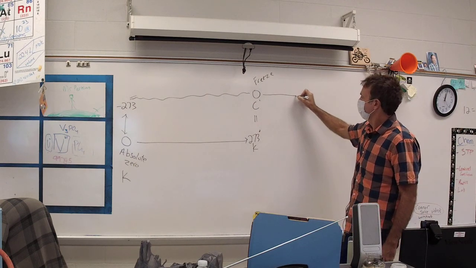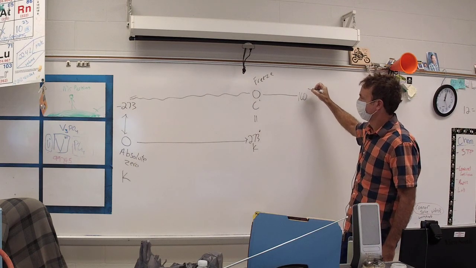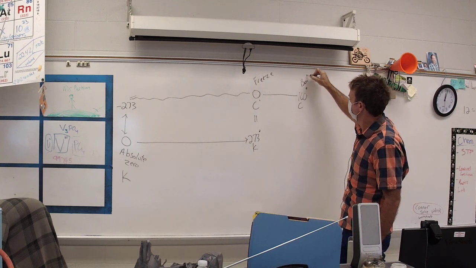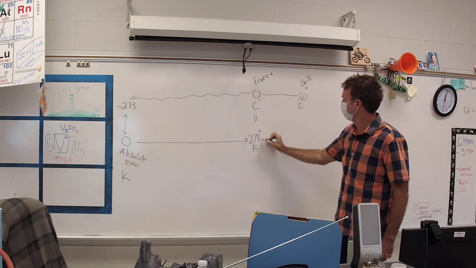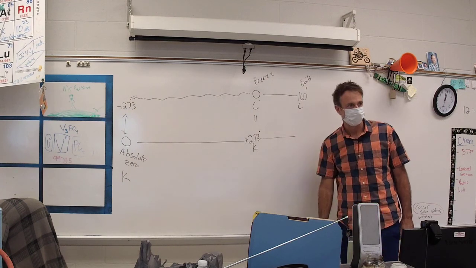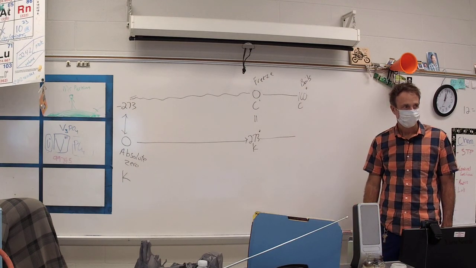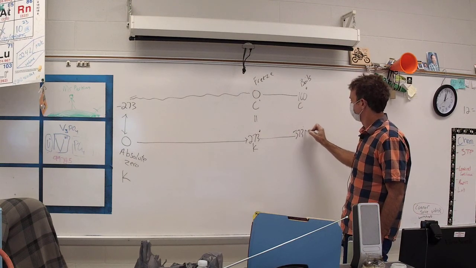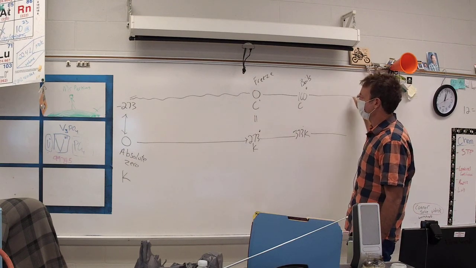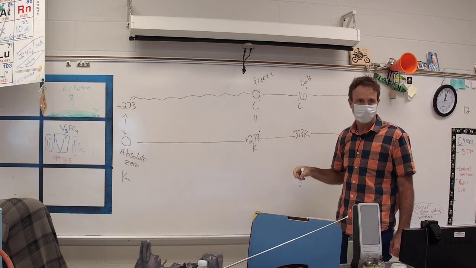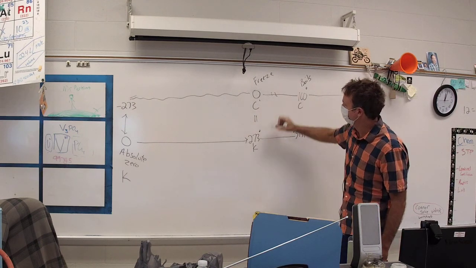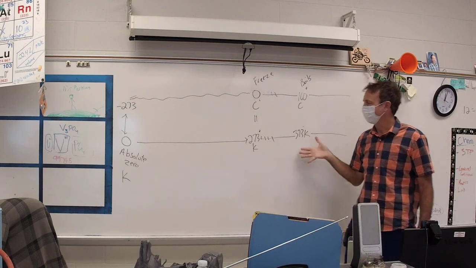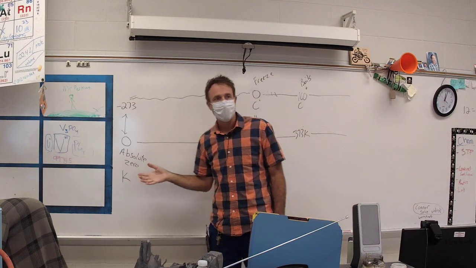So 100 degrees Celsius, that's when water boils, right? So at what temperature Kelvin would water boil? 373. See, you just add 273 to this. All the units are the same size. Does that make sense?